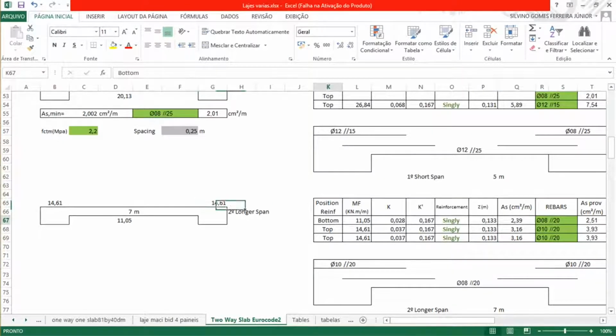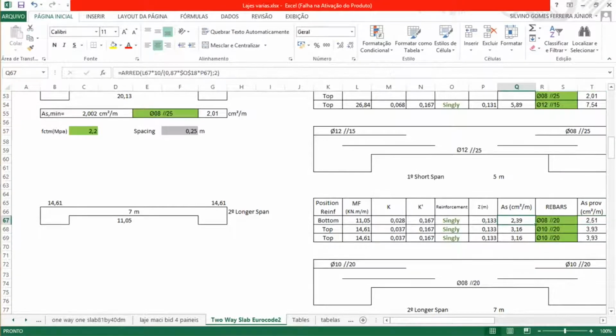So here on the bottom we get this steel, and we have a 2.39. If we use 8 spaced by 25, it gives us 2.01. That is not enough for what we calculated, so this is why I use it spaced by 20, 2.51.